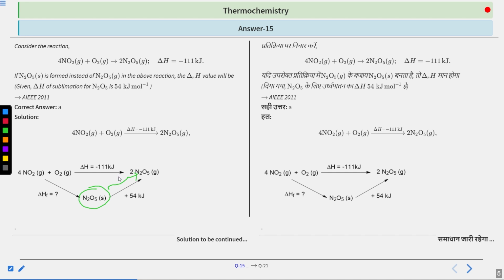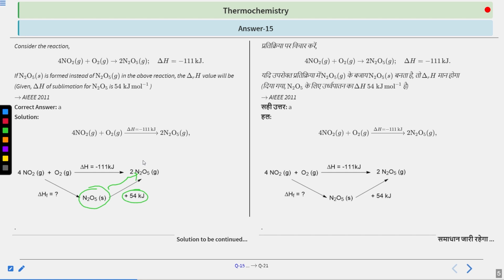The theory applied here is very simple, it's Hess's law. If you go directly from here to here, or go through this pathway, in both cases your enthalpy change will be the same. That's the main thing in this question. Accordingly we will do the things. This is a sublimation, so you don't have to worry about it, solid to gaseous.